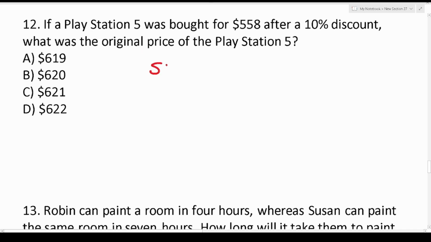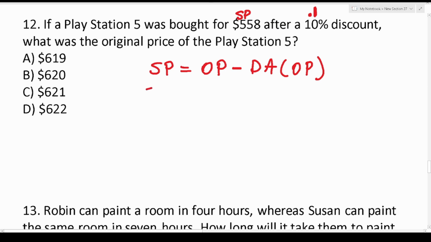Sales price is always the original price minus the discount amount, which is 10% in this case, times the original price. As I mentioned, percents are always going to be expressed in decimal form, so this is going to be 0.1, and we know the sales price was $558. So let's plug those things in and see what we have left.